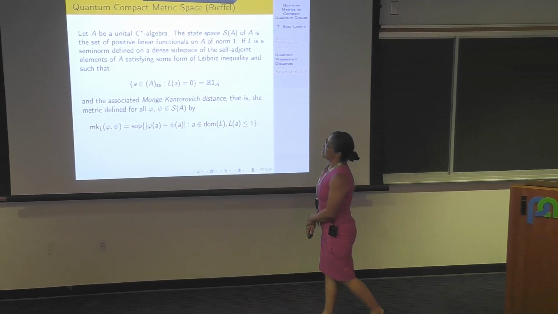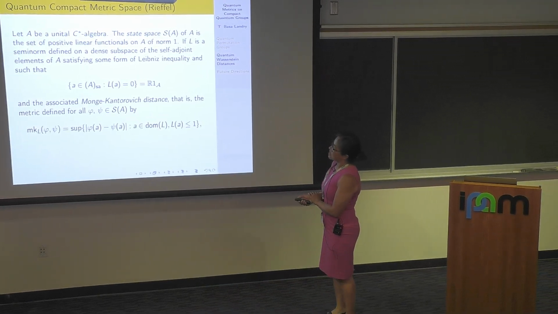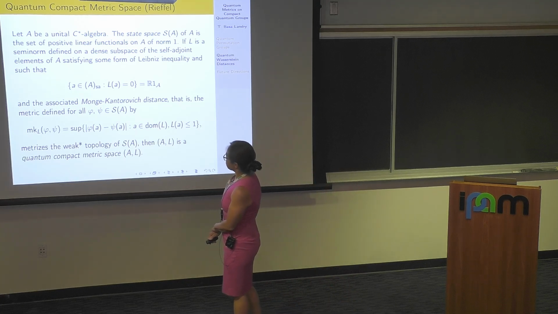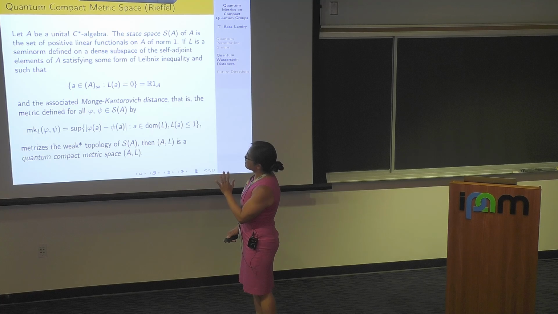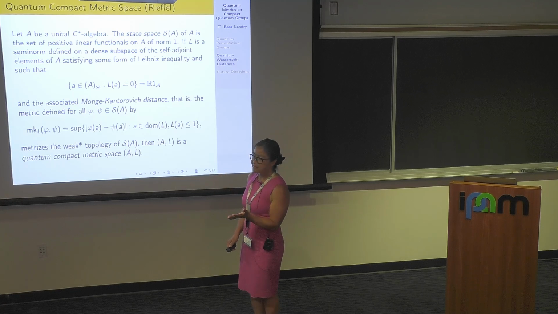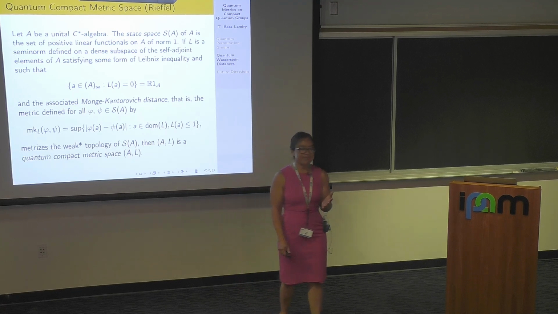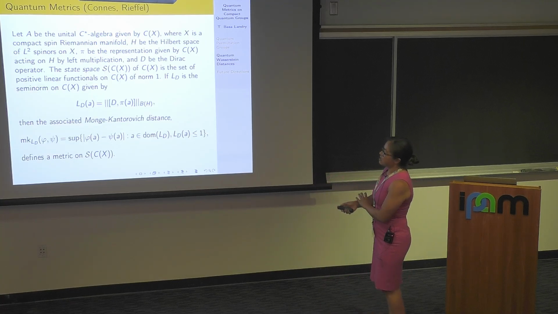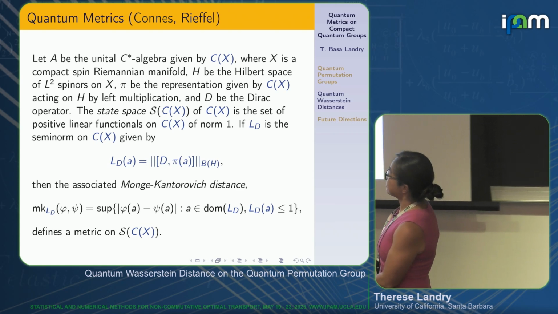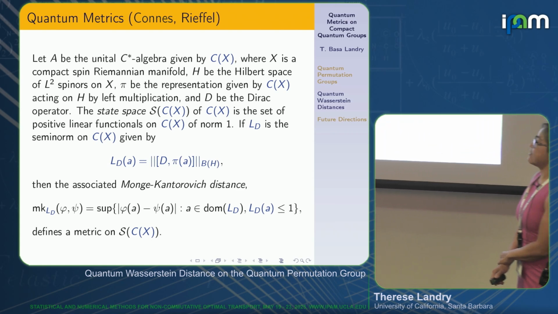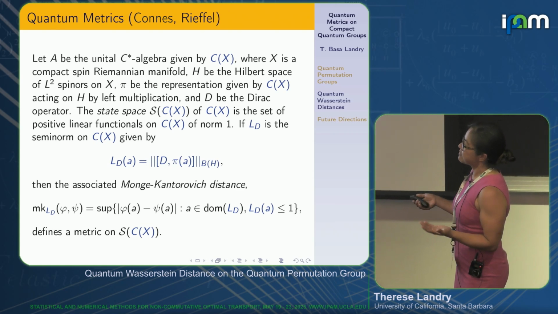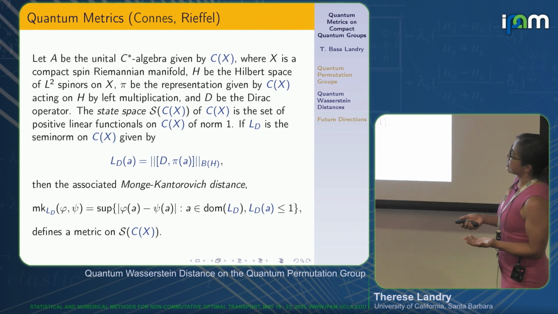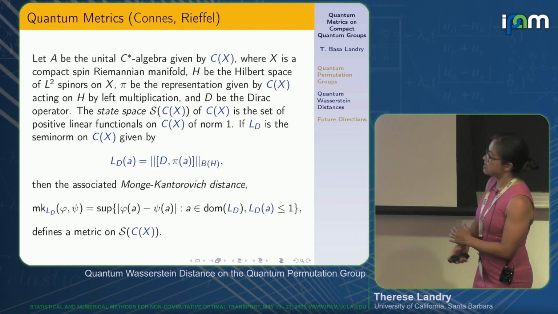So this metric was not one that he cooked up himself. It was one that, this is actually the Connes metric. And so Connes had, in the prototypical setting of C of X for X a compact spin Riemannian manifold, a differential operator called the Dirac operator, and a particular Hilbert space.